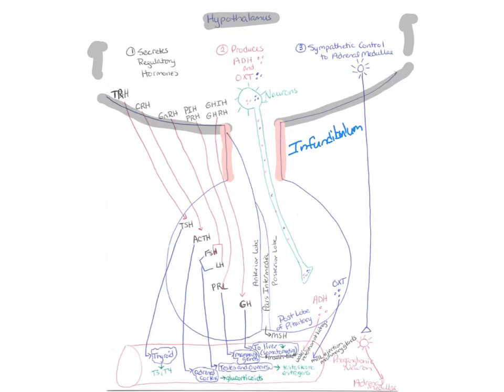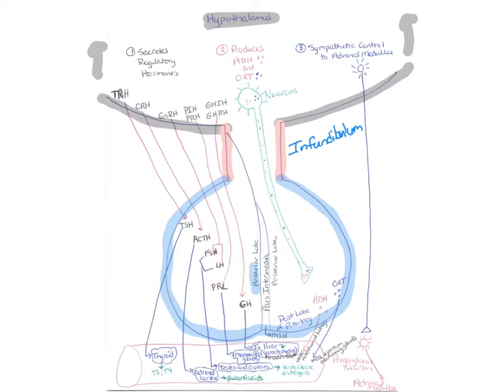Okay. Then we have the pituitary gland. So here's the pituitary gland, and it can be divided up into two main lobes, but there's three sections there. There's one section on the front that's called the anterior lobe.